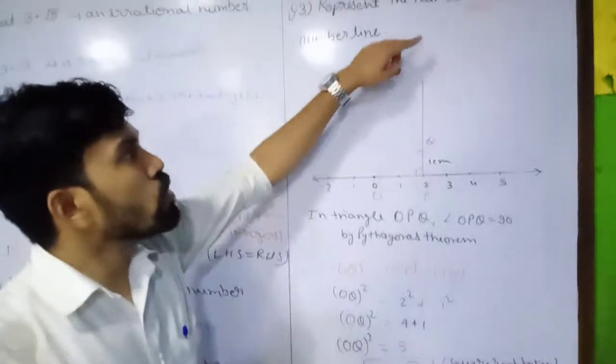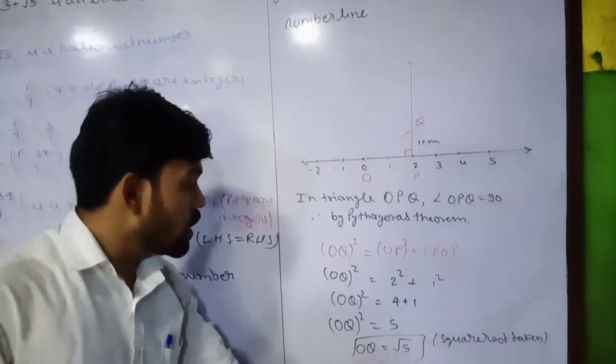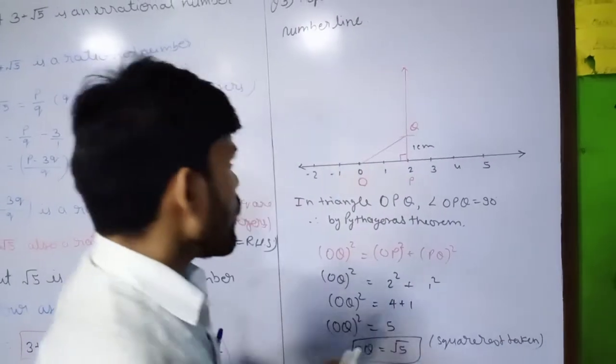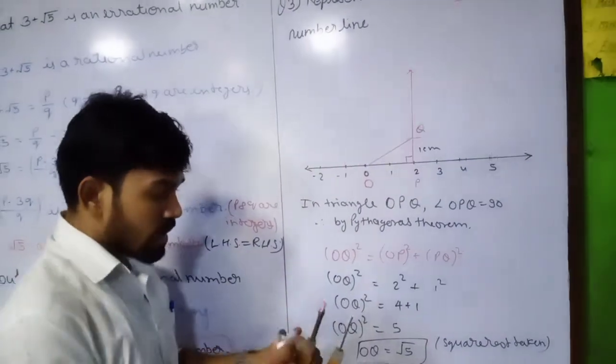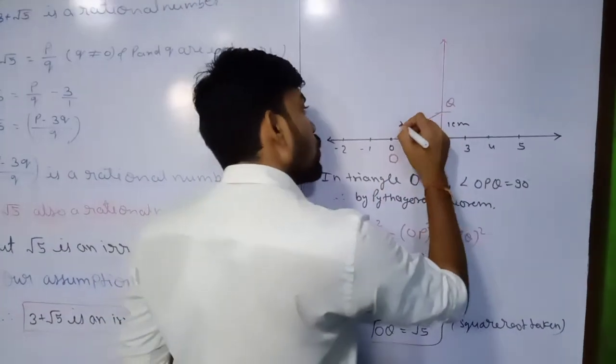If you are able to see here, we need to show root 5 on this number line, and here we have the value of OQ as root 5. Now, how are we going to measure this distance? This distance OQ is root 5.